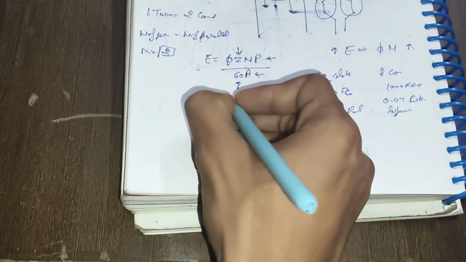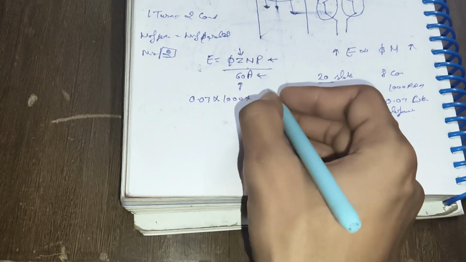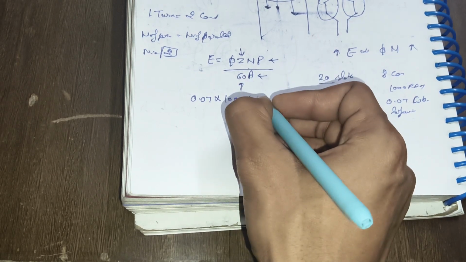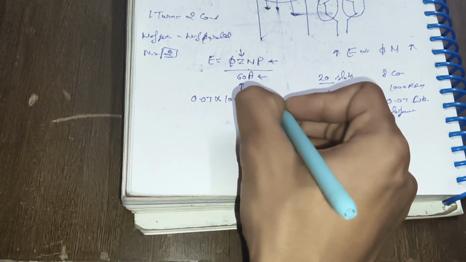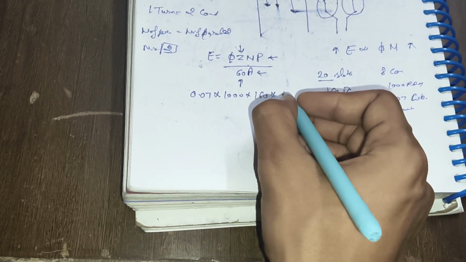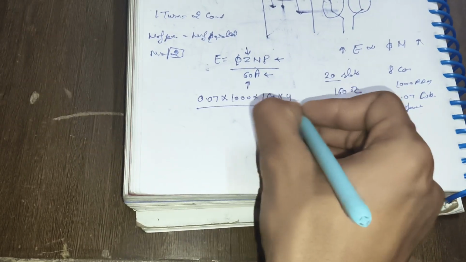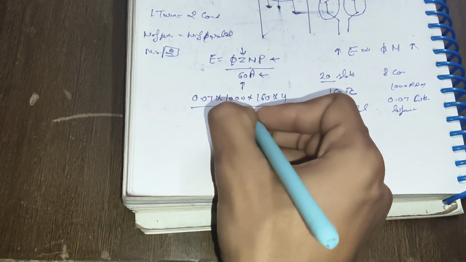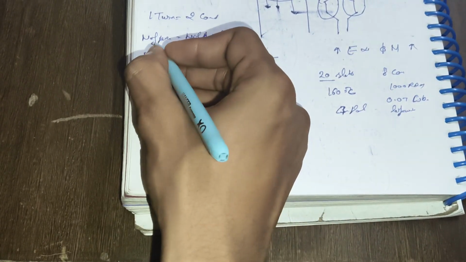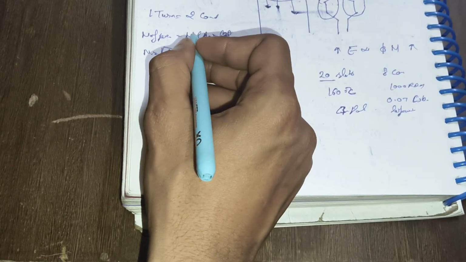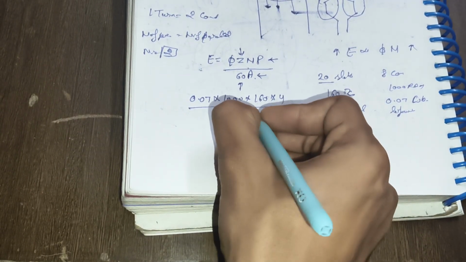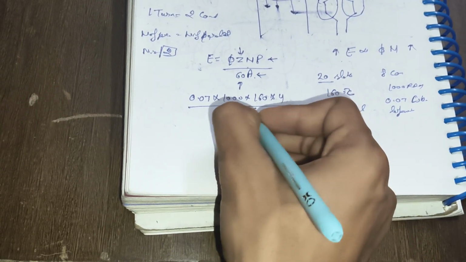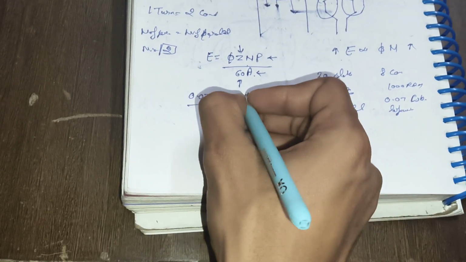0.07 into 1000 into Z is 160 into P equals 4 upon 60 into, as for lap winding the number of poles and the number of parallel paths are the same, the number of parallel paths will be 4. Cut that simply.